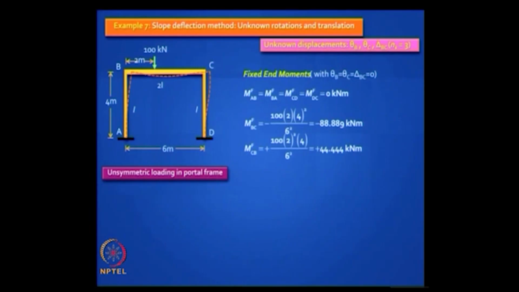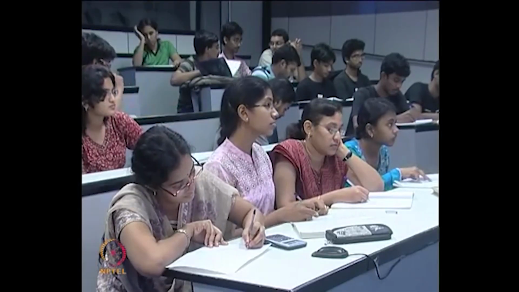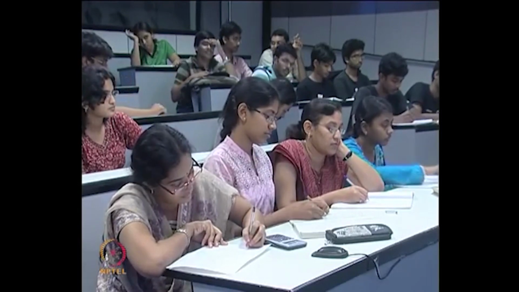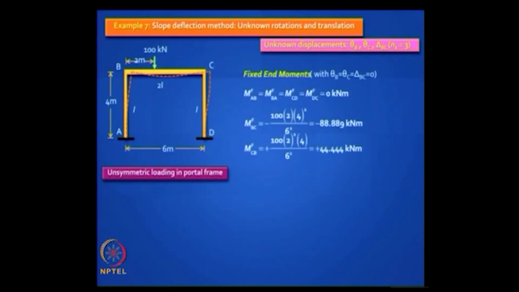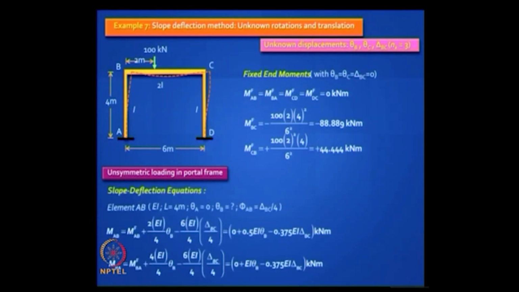So how many equations do you need to write down? 6 equations, and you can write them mechanically. In the 6 equations you have to put them in terms of 3 unknowns. What are the 3 unknowns? Well, instead of phi you say delta, delta by 4 is phi, right, okay.